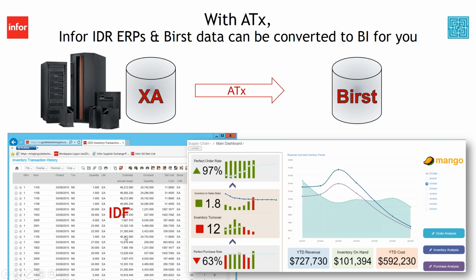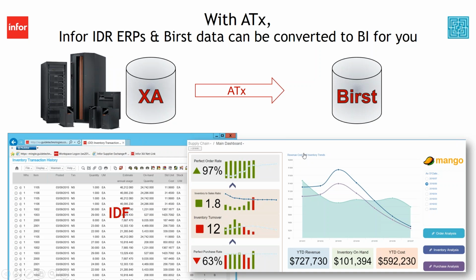Now, this didn't come from the list window. It came from the objects that created that list window. But that's how simple this is. In 10 minutes, I'm hitting this at a very high level, and it might sound confusing, so I just want to re-simplify this. When this is all said and done, using ATX in Birst, we can read the IDF objects that are in XA and be able to create your dashboards. Very powerful.